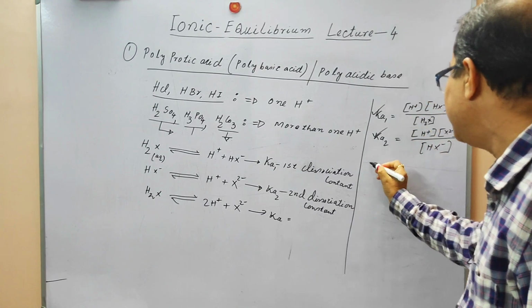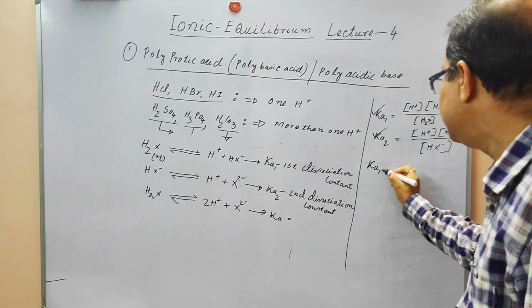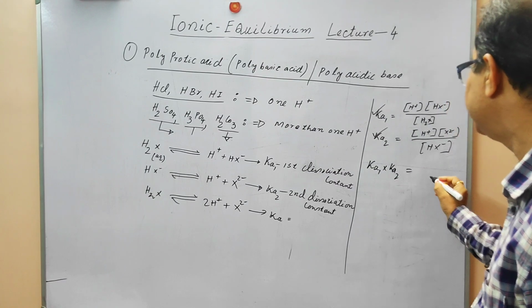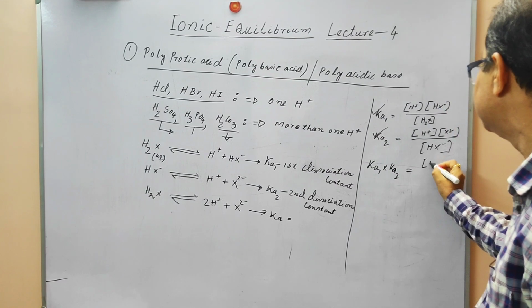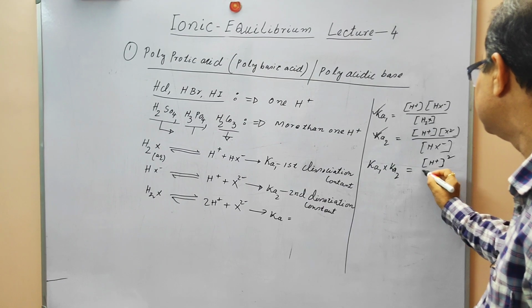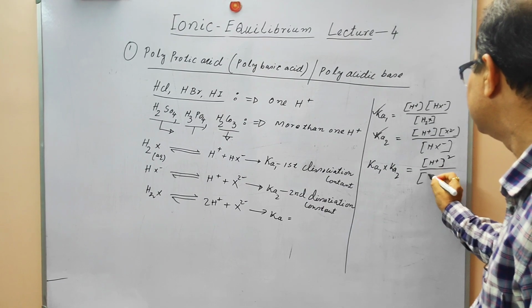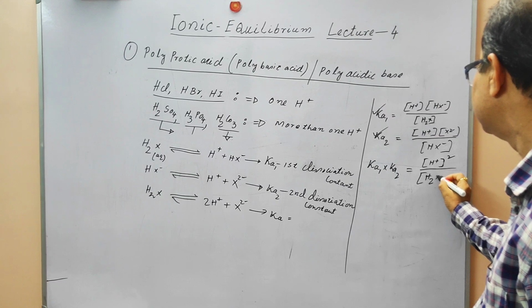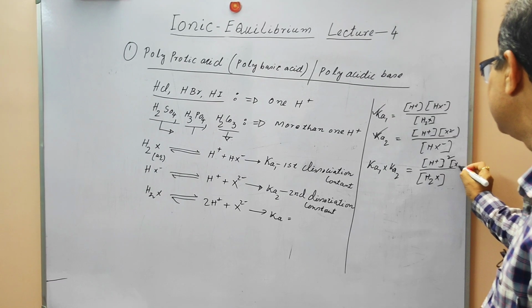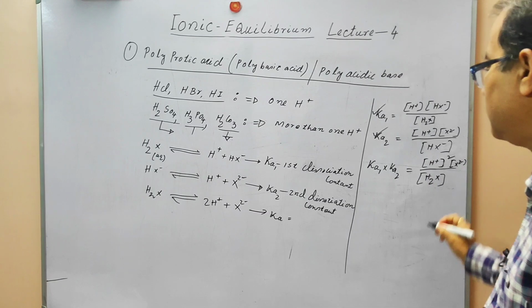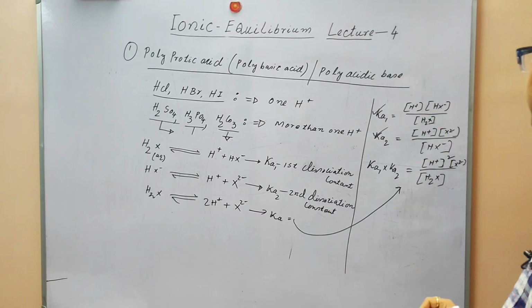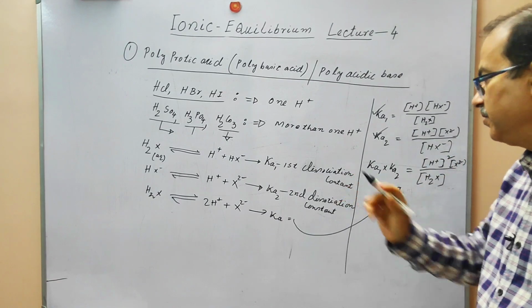When we multiply this Ka1 into Ka2, you can find this is the dissociation constant for the overall reaction.